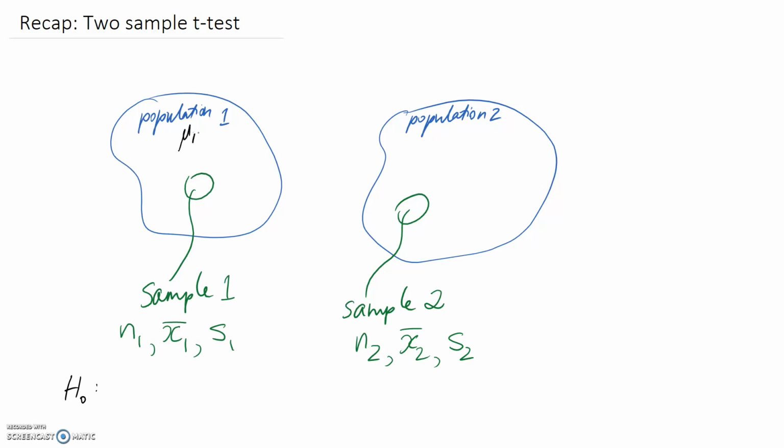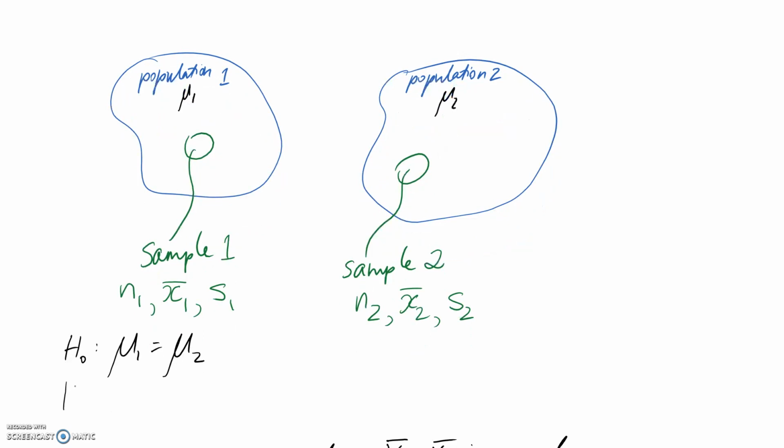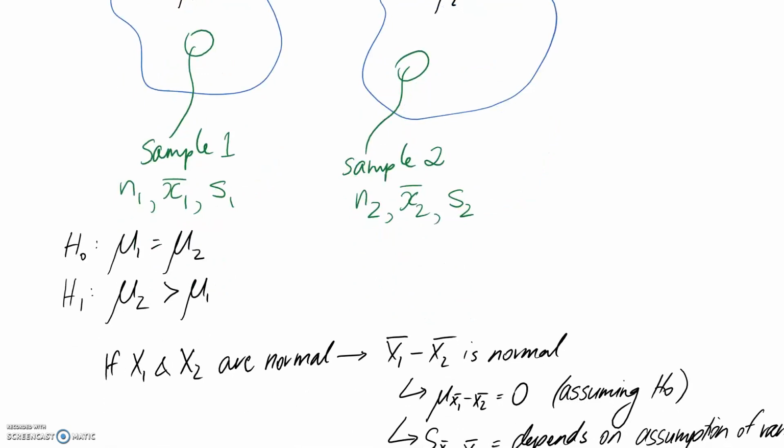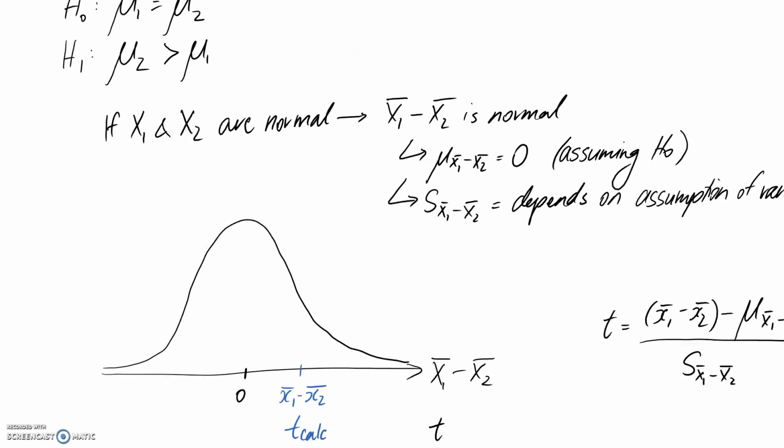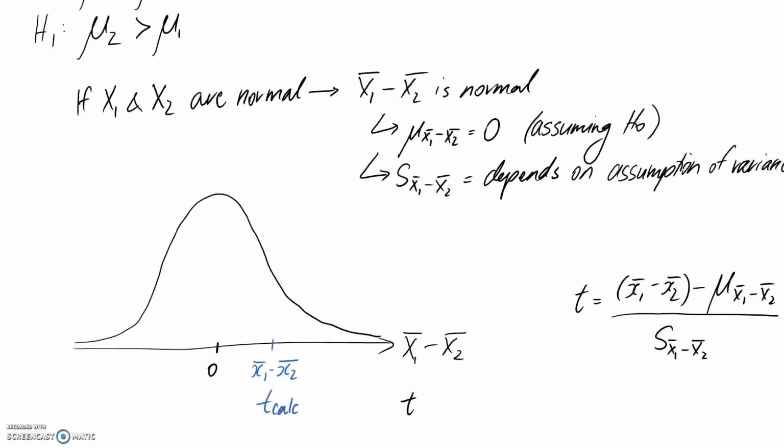So if one population has a mean of mu1 and the other a mean of mu2, on average they are equal to each other. The next thing I need is H1, my alternate hypothesis. This depends on the situation you're looking at, but say I think that population 2 is taller than population 1, then I could write it like this for H1.